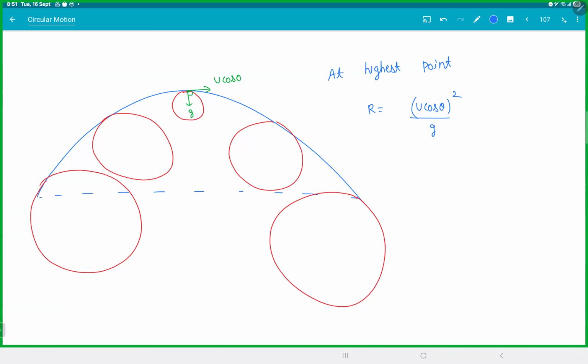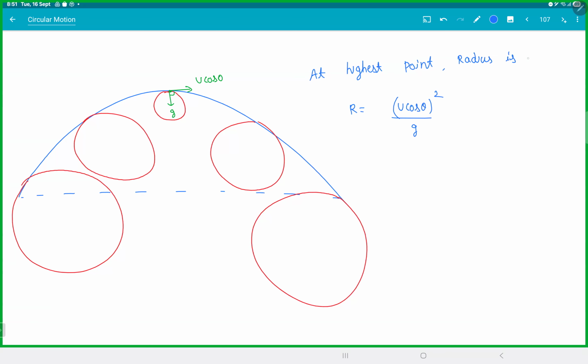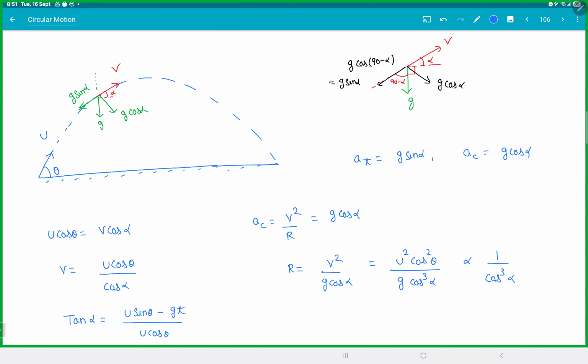So at the highest point, the speed is minimum and the acceleration is maximum. At the point of projection, the radius is maximum. If they ask you a theoretical question, the radius of curvature decreases and then increases. So you can play around like that. Clear? Easy, everyone. There, your kinematics and circular motion combined.